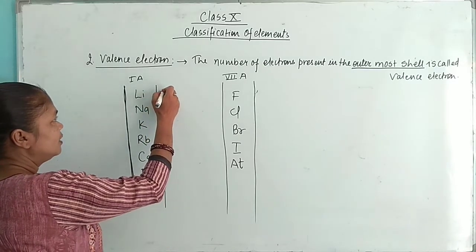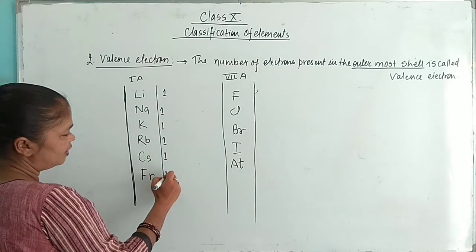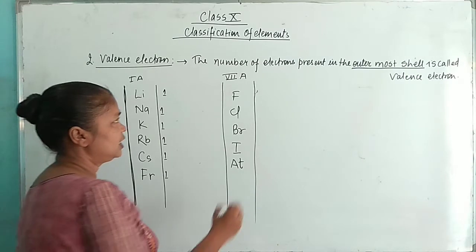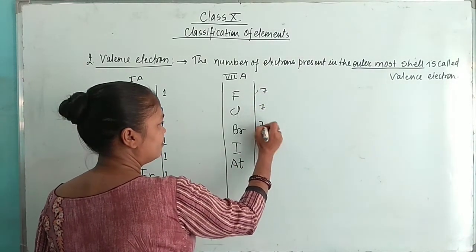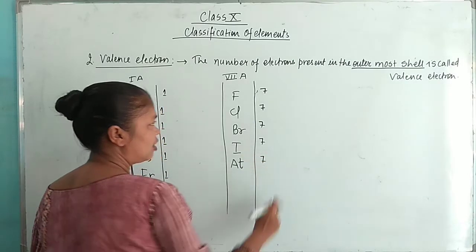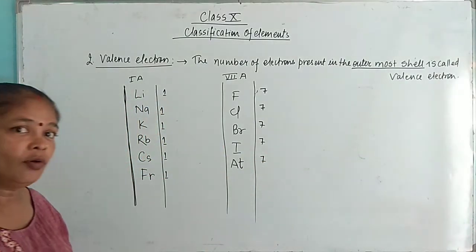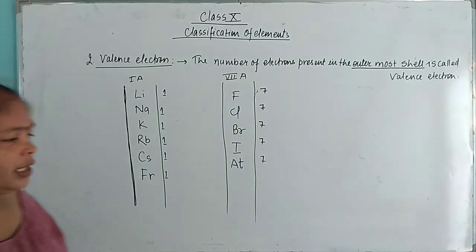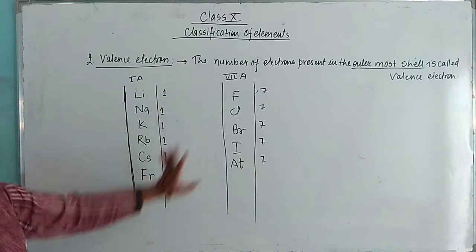Here lithium 1, sodium also 1, potassium, rubidium, cesium, francium. In the 7A group, all the elements have 7 electrons in the outermost shell. So the valence electron is the same when we move up to down in a group. In any group from 1 to 18, the valence electron remains the same.